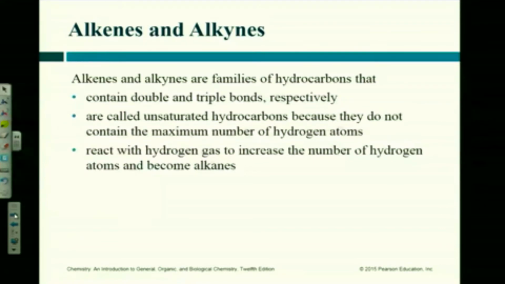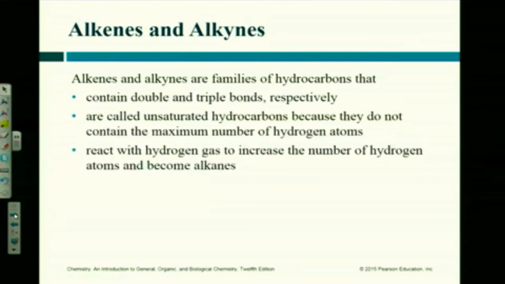These guys can react with hydrogen gas to produce a hydrogenated alkane. Okay? So, all these hydrocarbons that have double and triple bonds are unsaturated. Unsaturated means that it contains less than the maximal amount of hydrogens. Those hydrogens have been replaced with a double or triple bond.